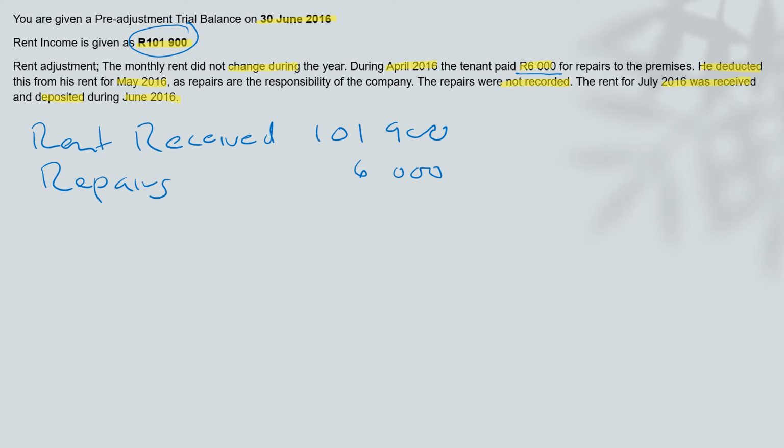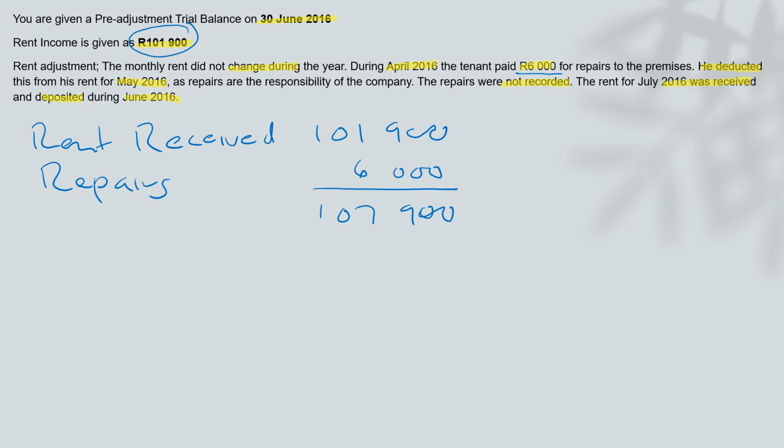So the total rent that should be showing on the trial balance should be 107,900. Then what you need to do is find out, remember, they said rent did not increase.